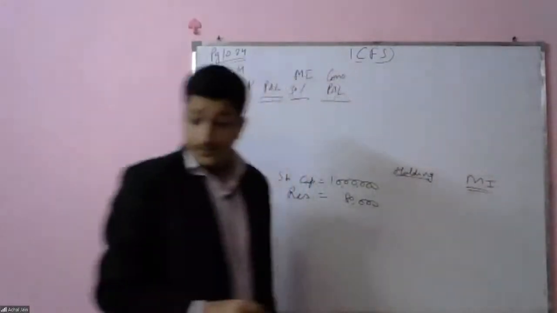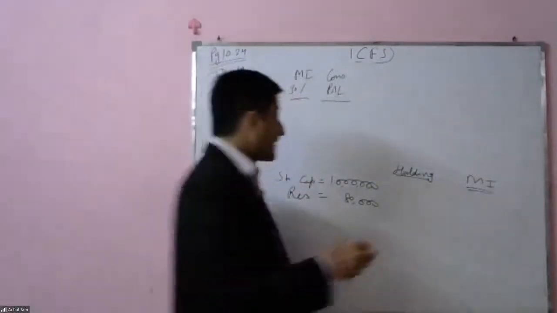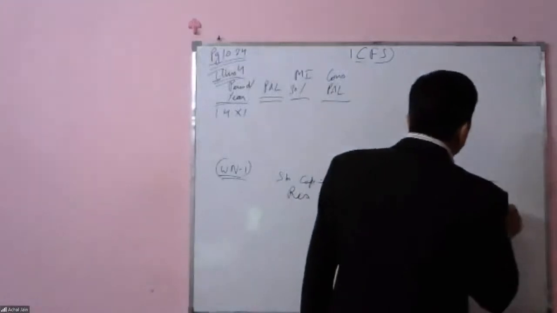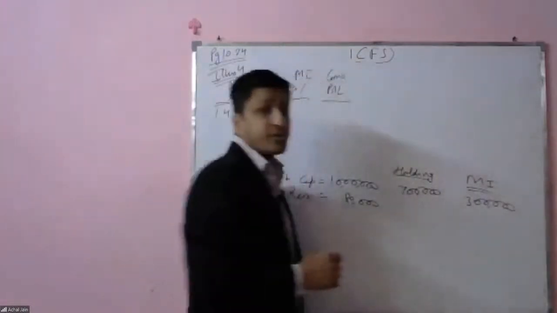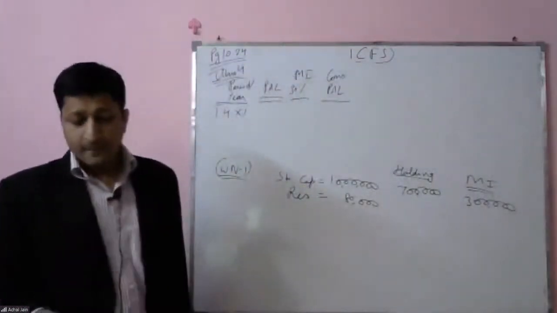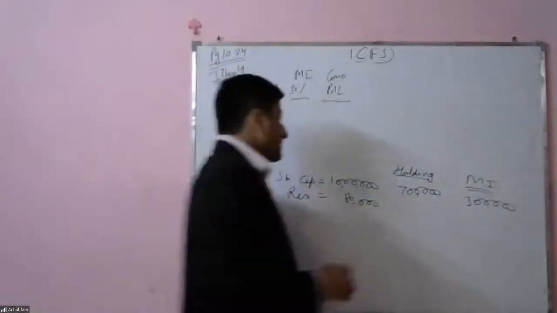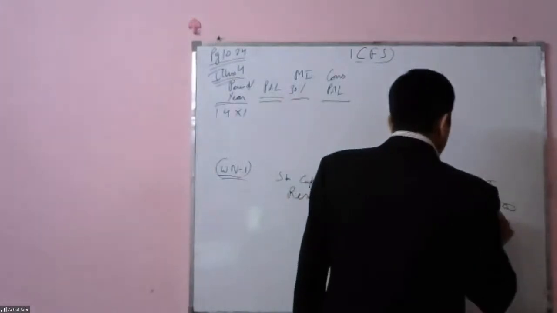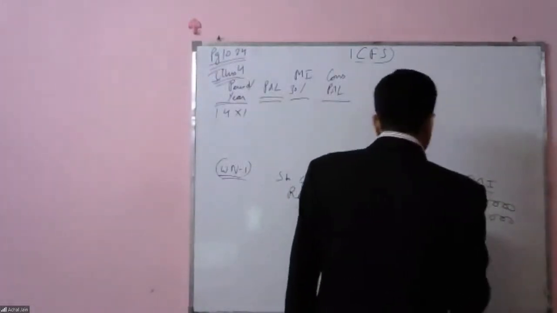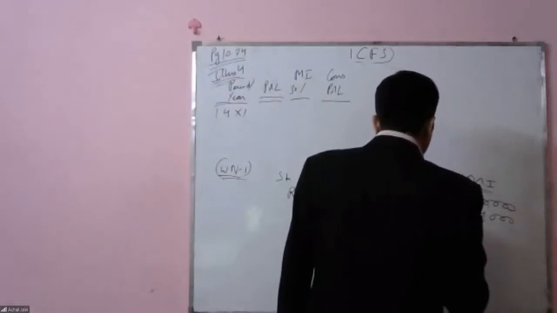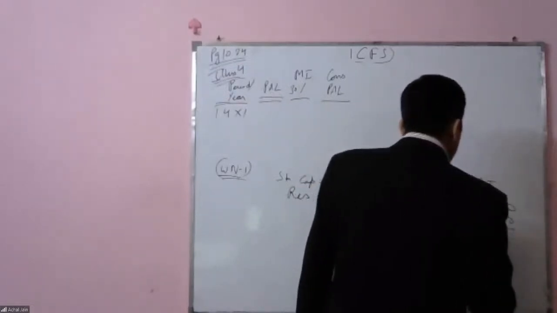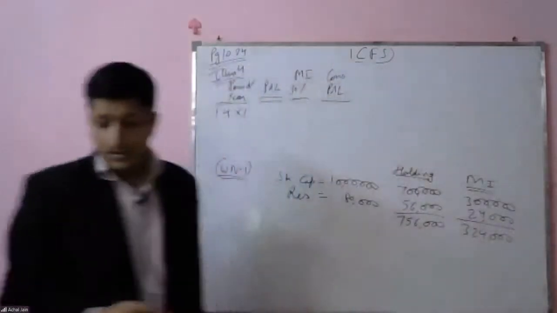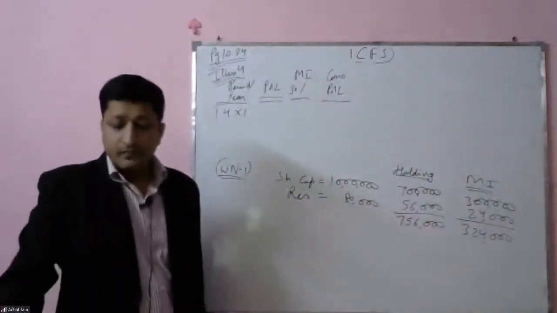So holding will get 7 lakh, minority will get 3 lakh. Similarly, reserves will be distributed: 56,000 goes here, 24,000 goes here. So this becomes 7,56,000 and this becomes 3,24,000.